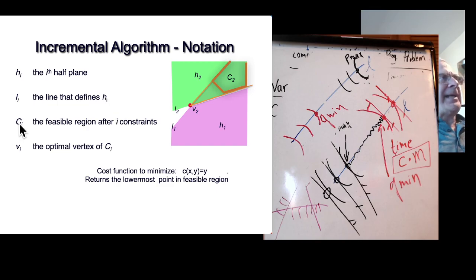Think about C_i. C_i is the feasible region after i constraints are considered.